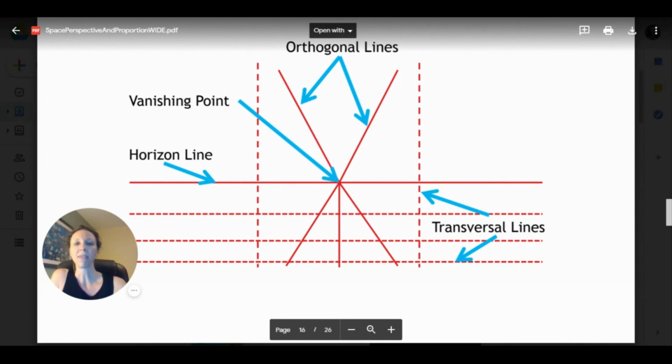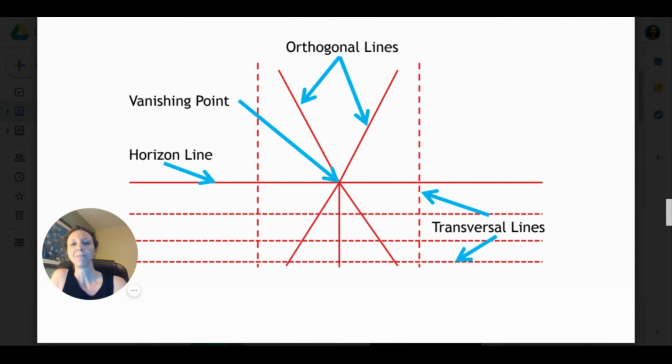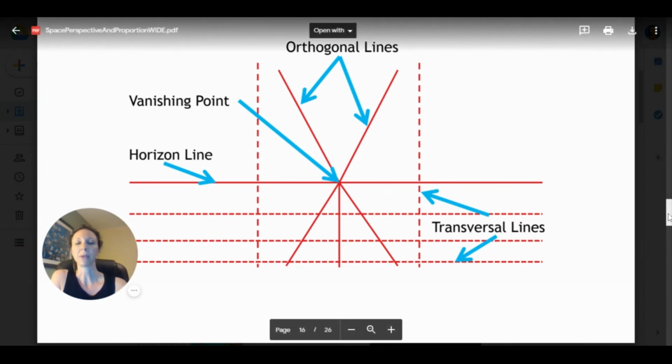So we have orthogonal lines, which go diagonally and lead to the vanishing point. We have the vanishing point here at the intersection. Horizon line is where the sky and the ground meet. And then we also have what we call transverse lines, which are the vertical and the horizontal lines that continue to support the rest of that structure.